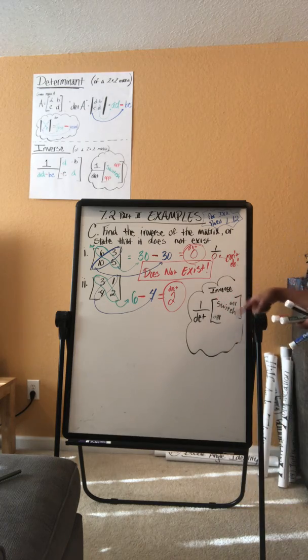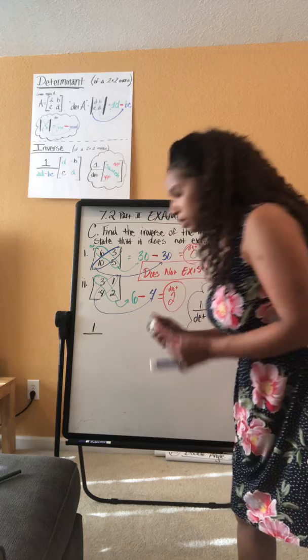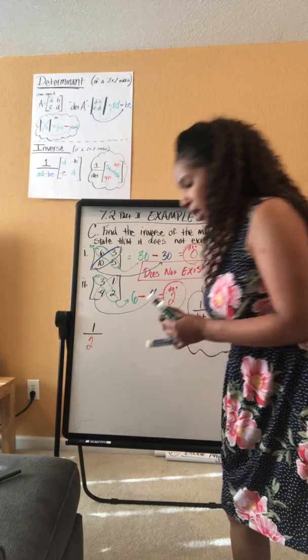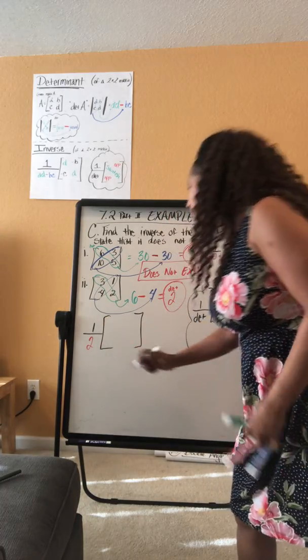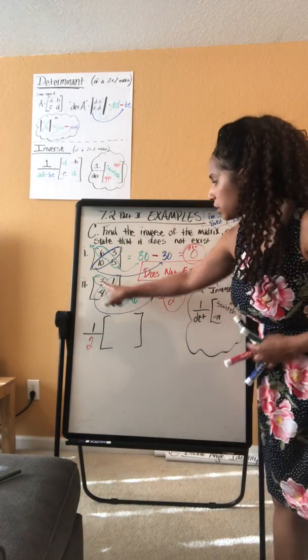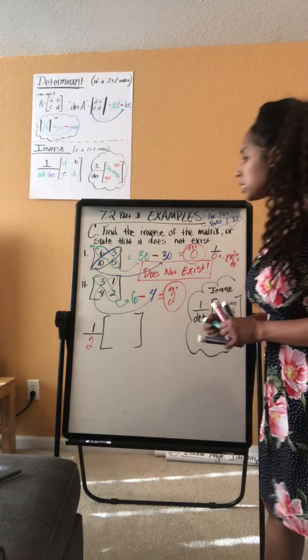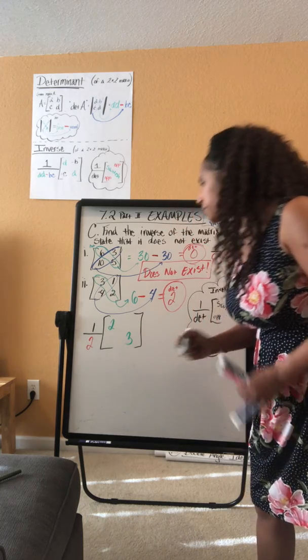So now I'm going to the formula for the inverse. The inverse is going to be 1 over the determinant, and the determinant is 2. And I said I want to switch my main line. So my main line was the 3 and the 2. If I switch places, the 2 will come here and the 3 will go there.